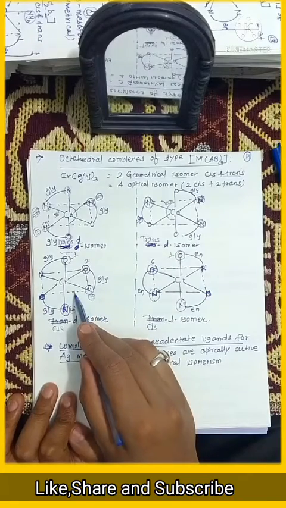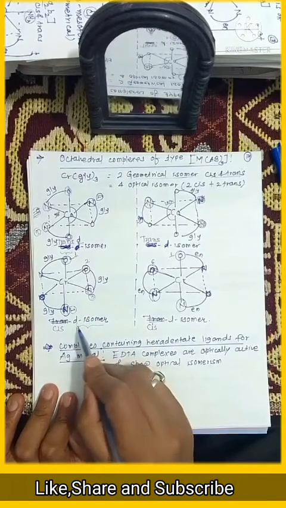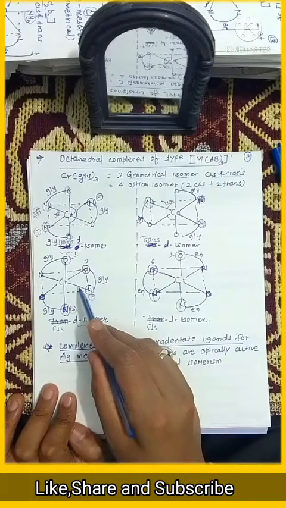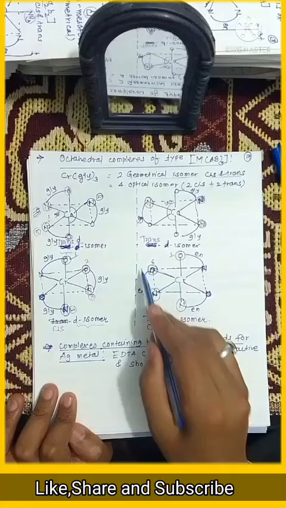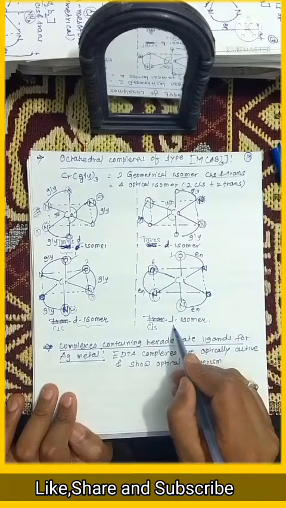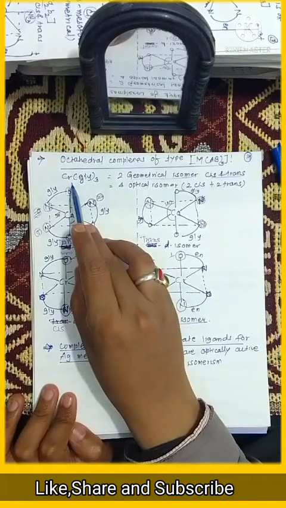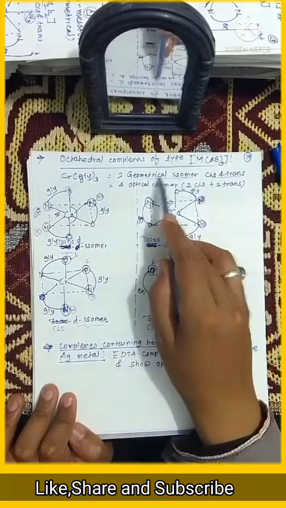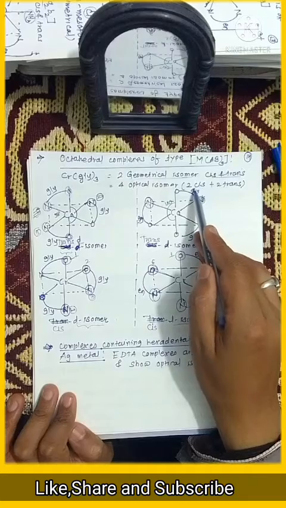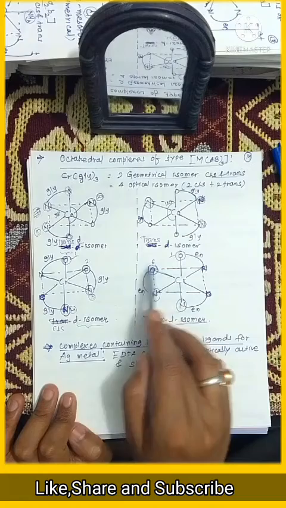Since it rotates plane polarized light towards the right hand side, it is the D optical isomer of this compound. When we put a mirror in front of it, we can easily draw its L isomer form. So basically this compound has 2 geometrical isomers, and each geometrical isomer gives a pair of optical isomers like this.